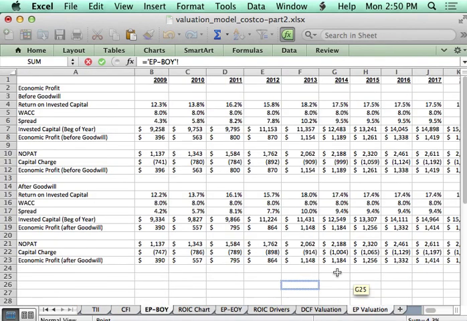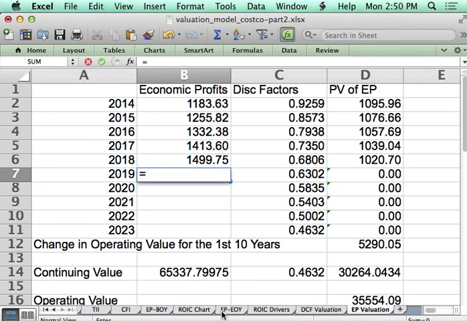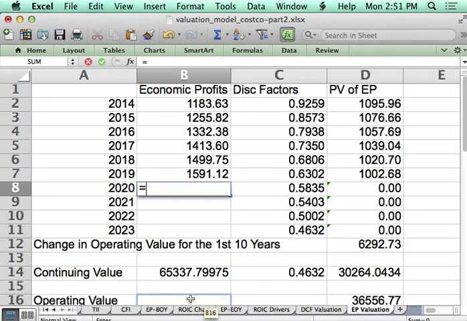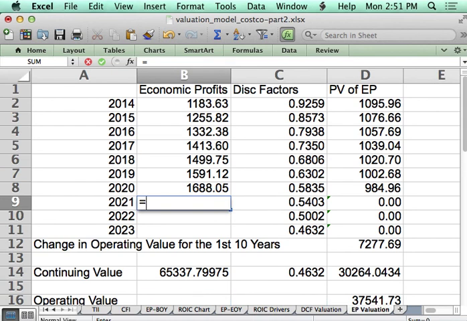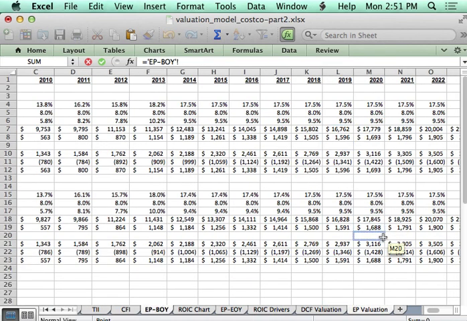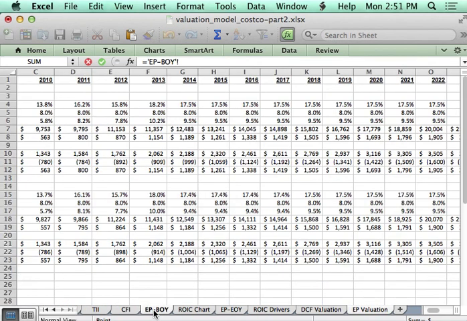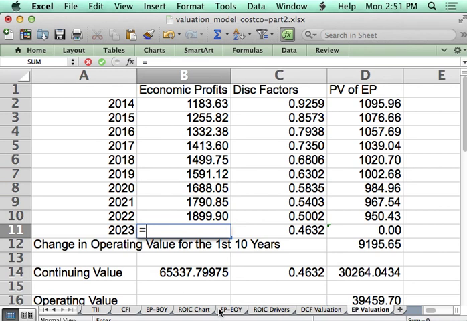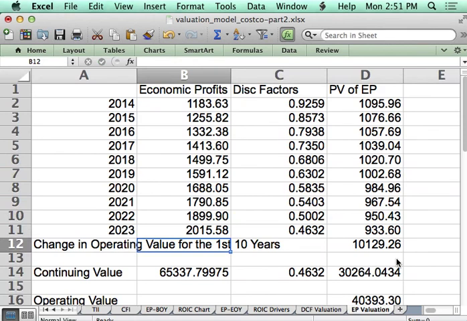2018, K23. 2019, L. 2020, M. 2021, N as in Nancy. 2022, O. And 2023, P. Just make sure I got that.